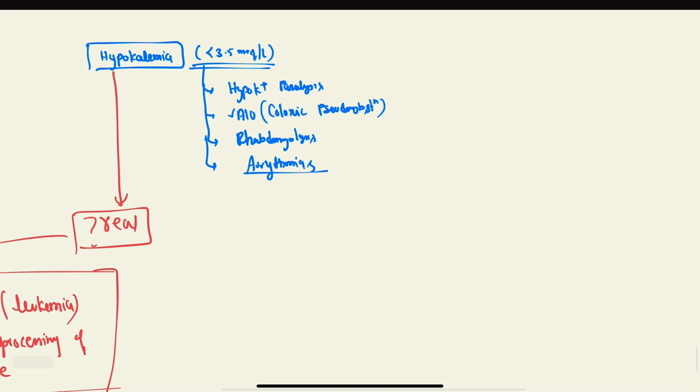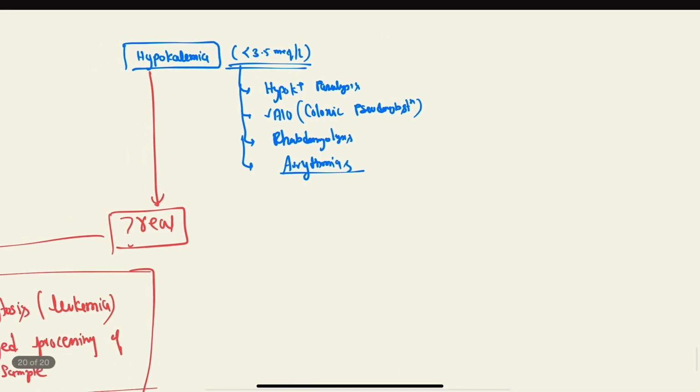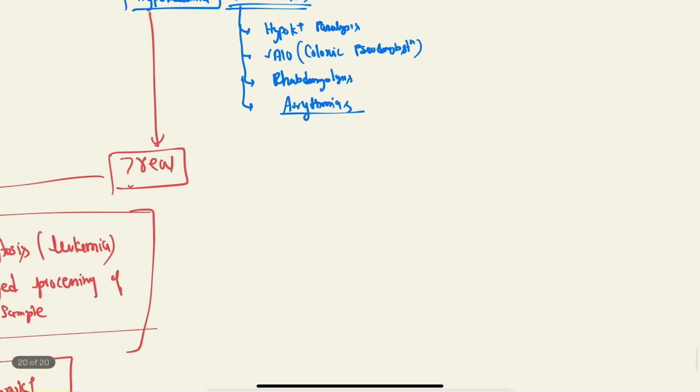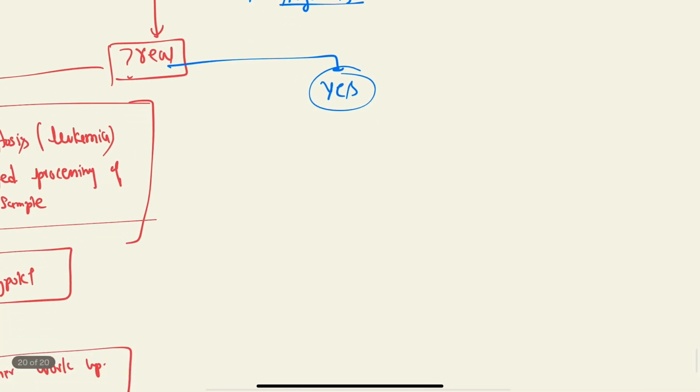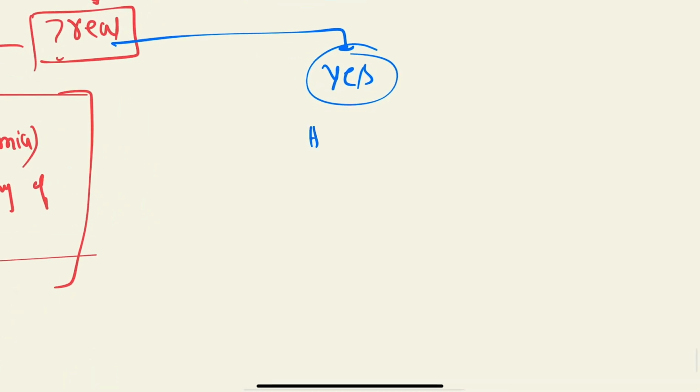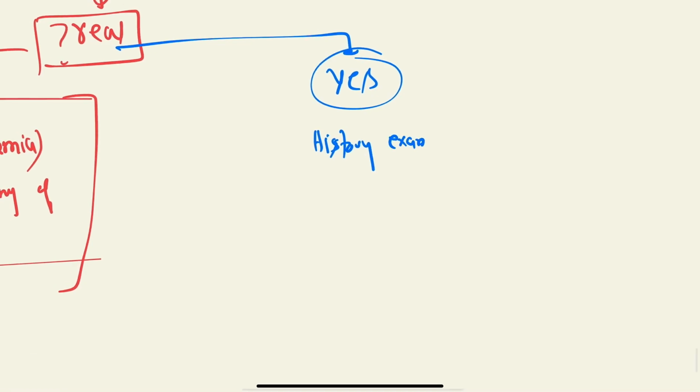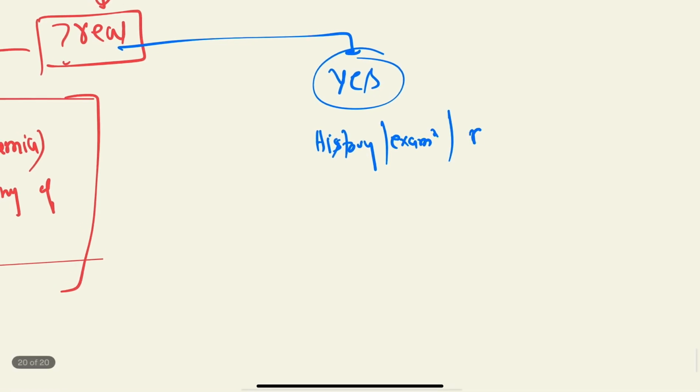So if you rule out pseudohypokalemia, then you come to true hypokalemia. Then we take a proper history, do an examination, and basic lab reports.